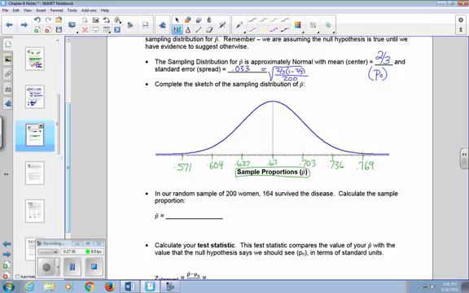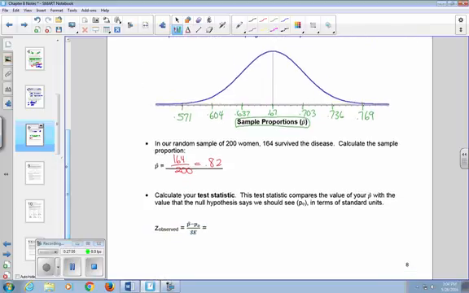In our random sample of 200 women, 164 survived the disease. So this is enough information to calculate our sample proportion: 164 out of 200 people, or 0.82, or 82%. Next, we're going to use this to calculate our test statistic.